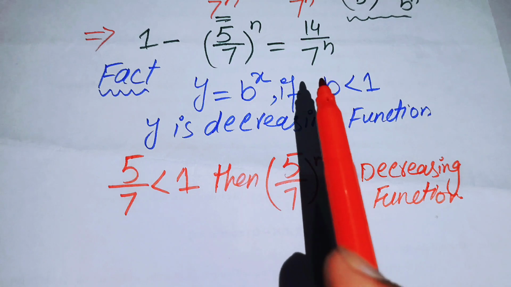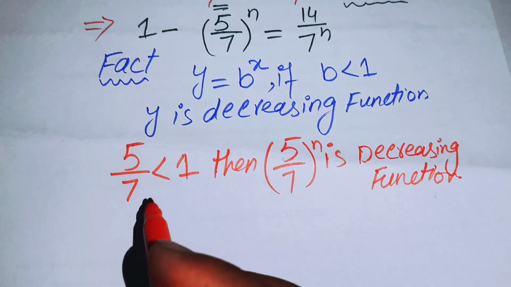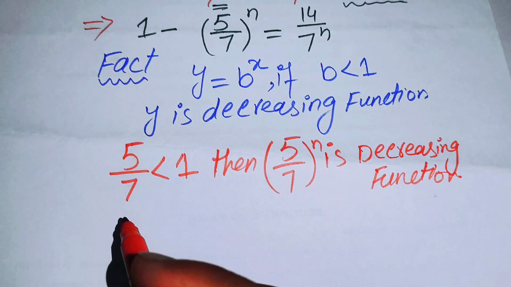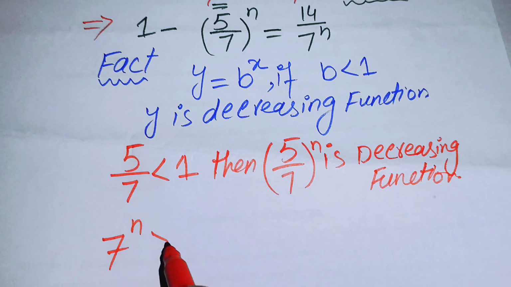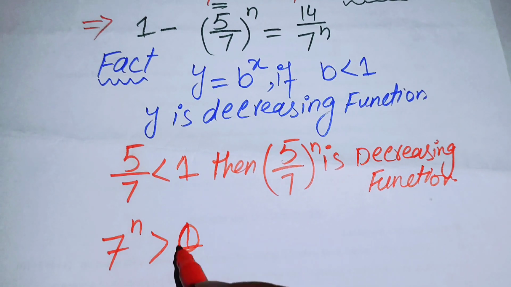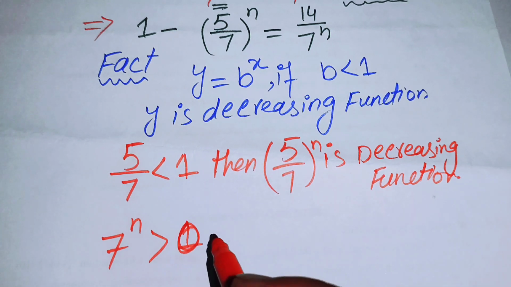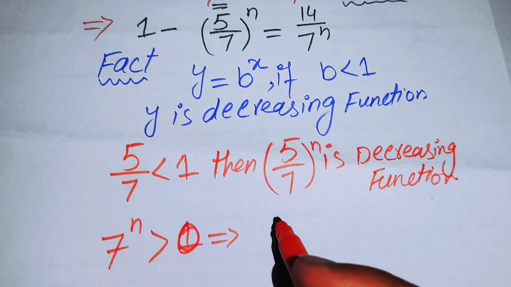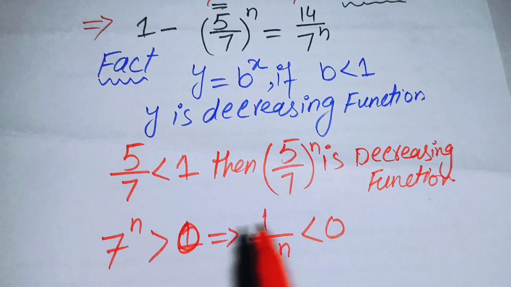Now in the next step, we can focus on the right hand side, where you have 7 to the power of n, and we know that an exponential function always gives a value greater than 0. If the exponential function always gives a value greater than 0, then if I take the reciprocal of this term, you will get 1 over 7 to the power of n is less than 0.